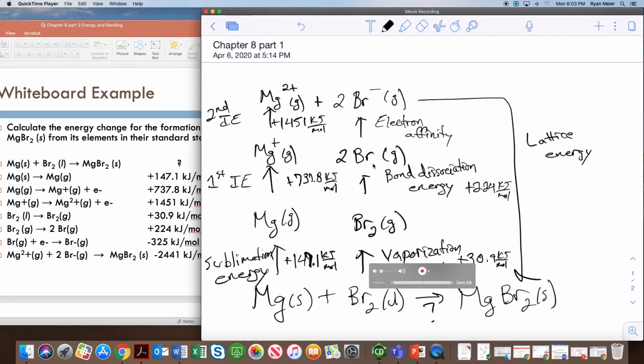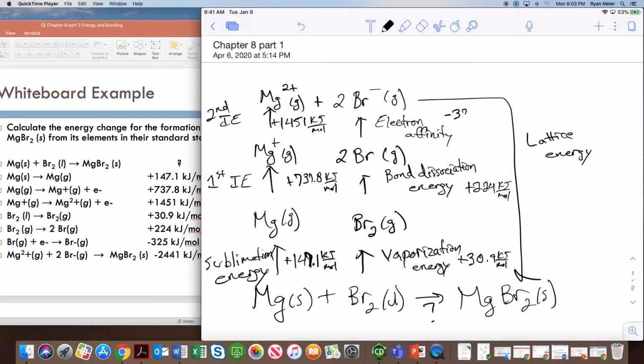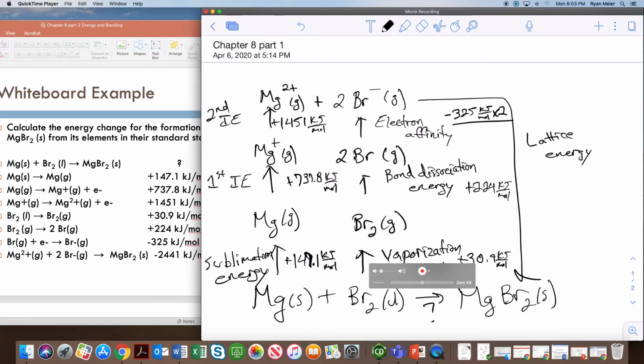But we have 2 bromines that are undergoing that change. So we have to take that negative 325 and double it, or multiply it by 2. So for that electron affinity, it's negative 325 kilojoules per mole, but we have to double that because there are 2 bromines undergoing that change.